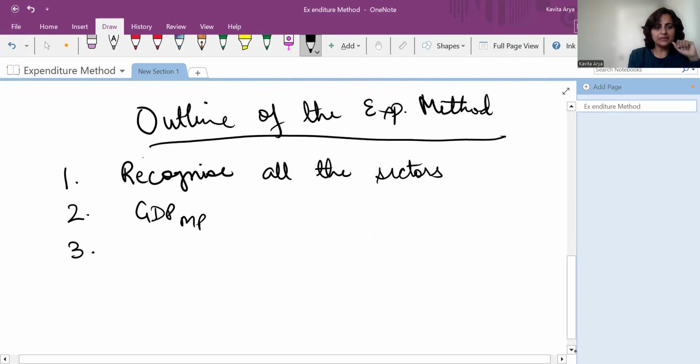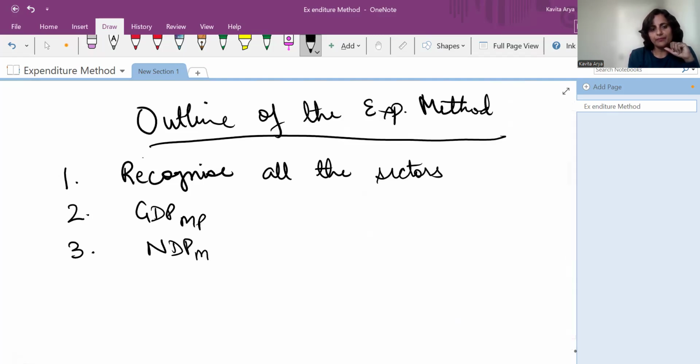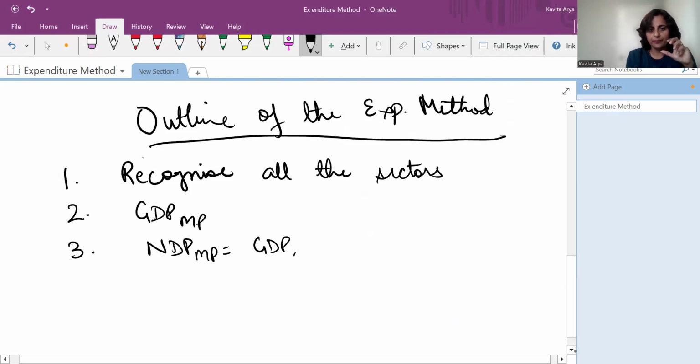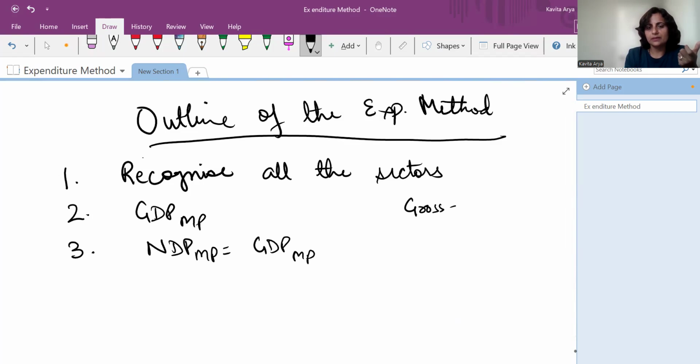The third step is convert into domestic income, NDPMP. And how do we get NDPMP from GDPMP? Let me give you all the 3 equations once again. So gross is equal to net plus depreciation.